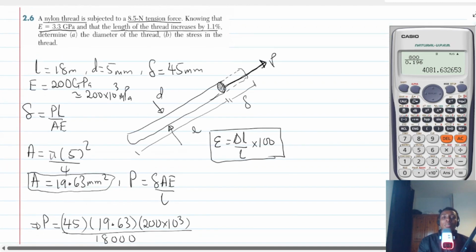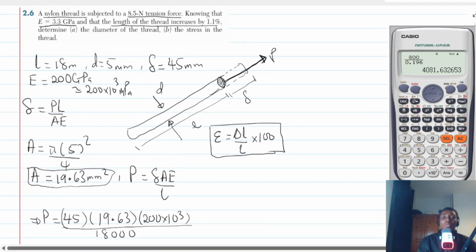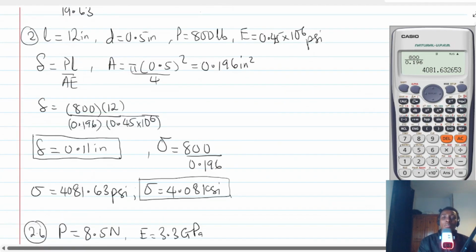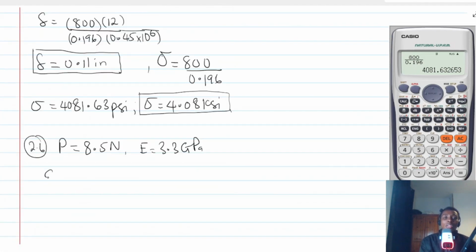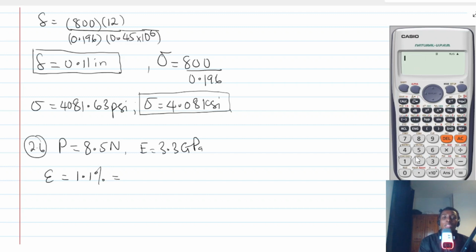So in other words, if the percentage strain is 1.1%, then it means the strain is actually 1.1%. That's all. And what is 1.1%?